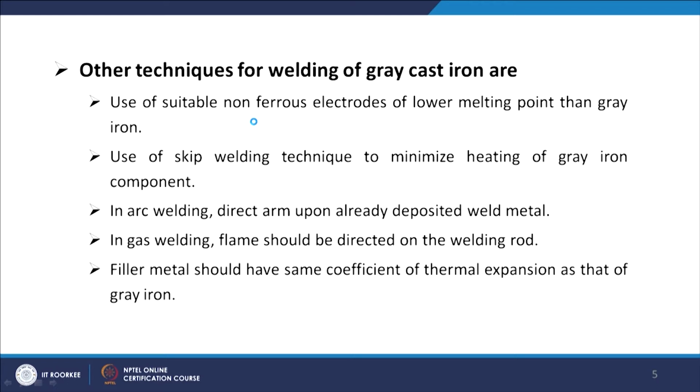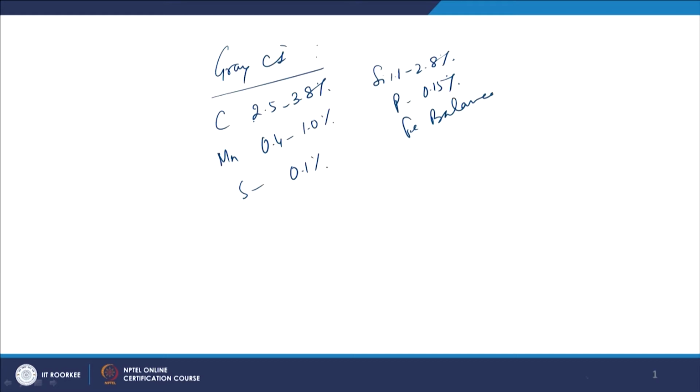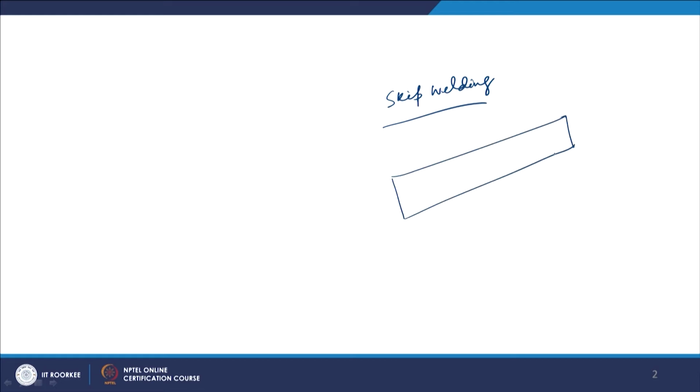Normally when we talk about skip welding, suppose you have a plate and you are making the weld bead, so you will have different sections.